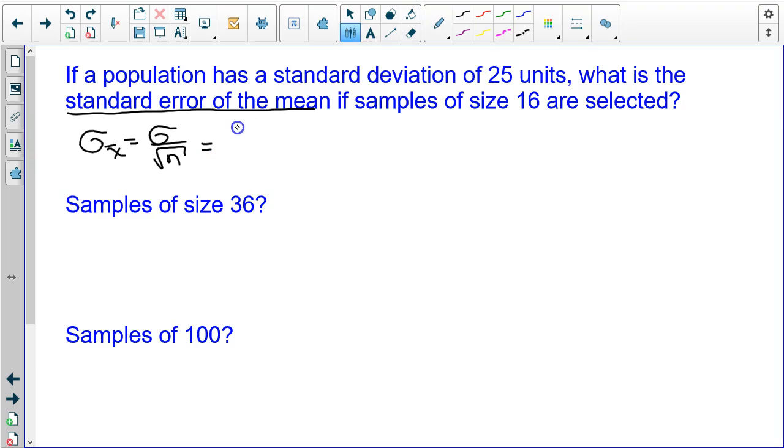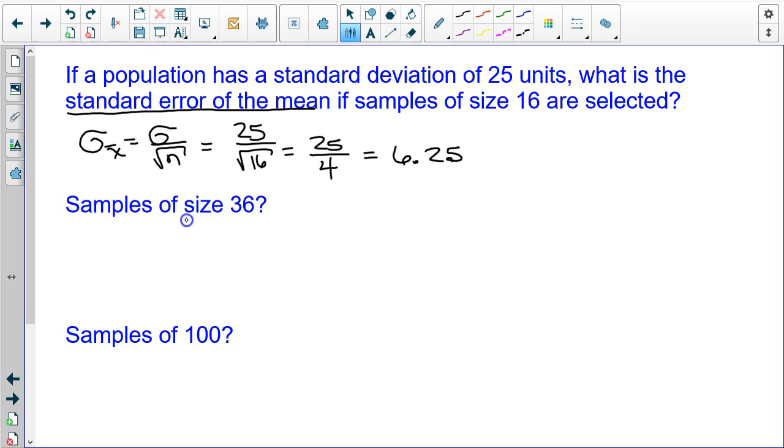So we get 25 divided by the square root of 16, which would be 25 over 4, which is 6.25, right? Because it would go into it 6 times with a remainder of 1, so 6 1/4.